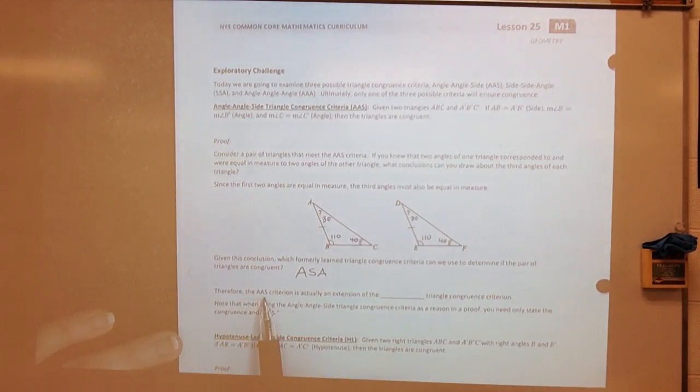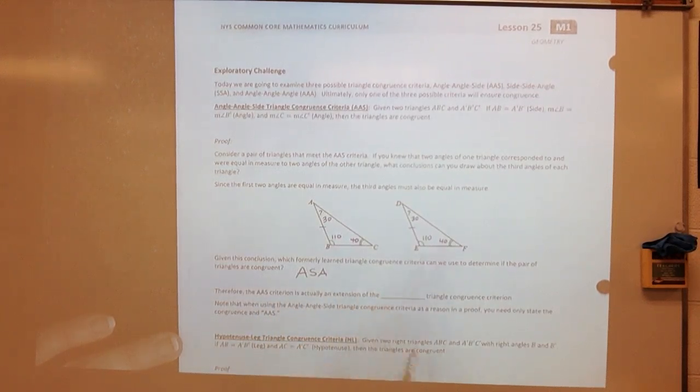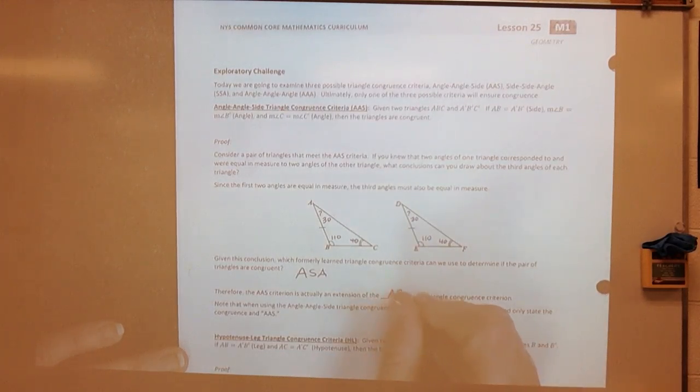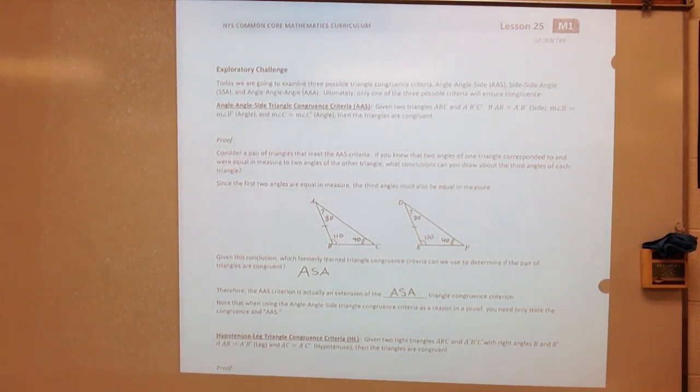Therefore, the angle, angle, side criterion is actually an extension of the angle, side, angle triangle congruence criterion. Note that when using the angle, angle, side triangle congruence criteria as a reason in a proof, you need only state the congruence and AAS.